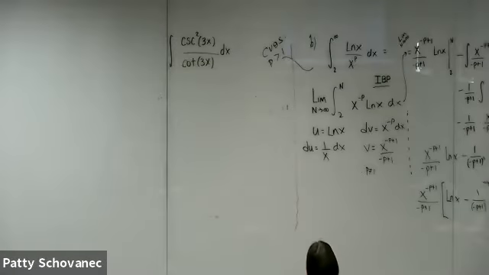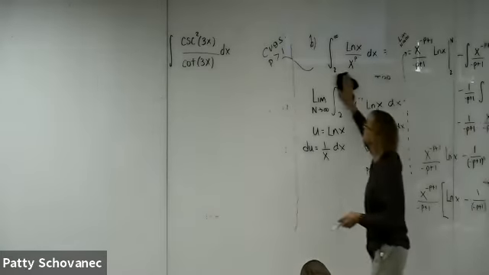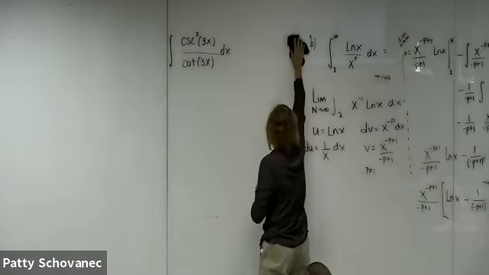There it is: cosecant squared of 3x divided by the cotangent of 3x. You said, ooh, but it's really not a hard integral.